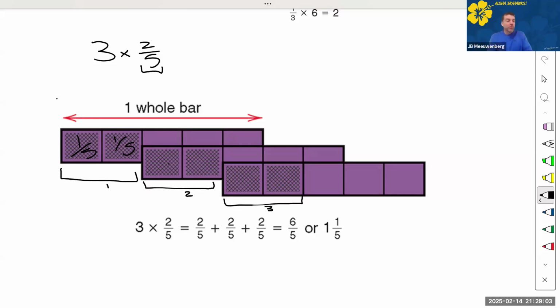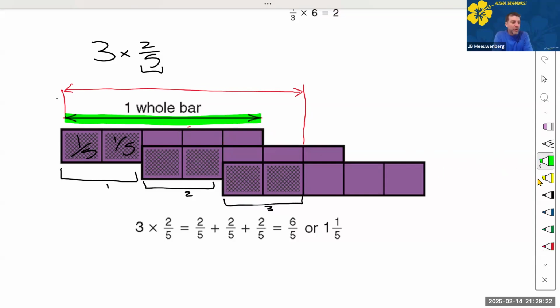And then we look at what the total length is, right? So the total length from the beginning here to the end, which is here, how far does that span? Well, this is one whole bar from here to here. And notice that we also have an additional one piece, 1/5.